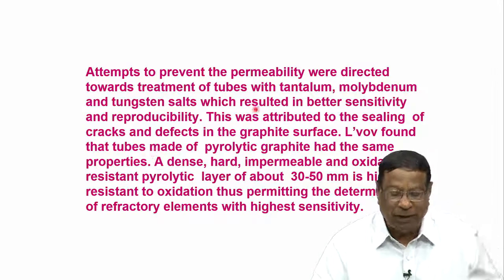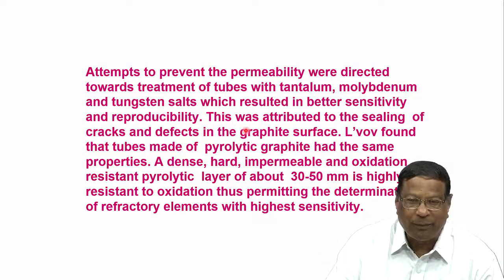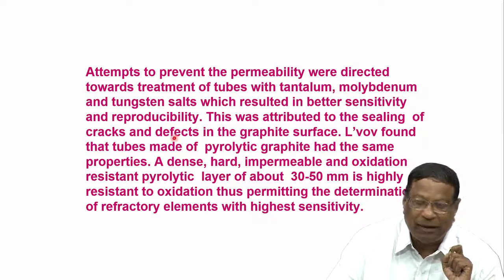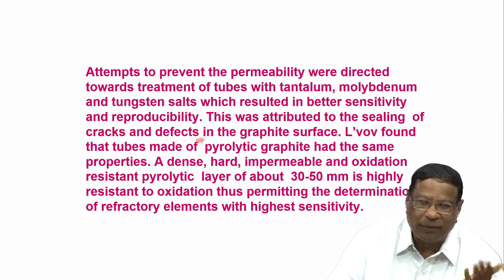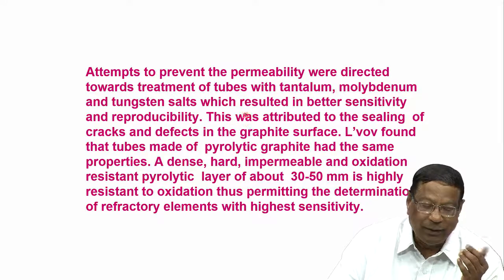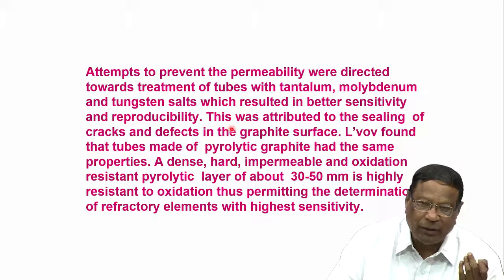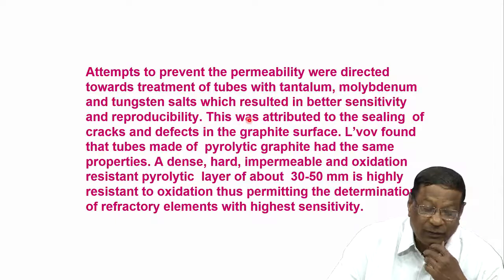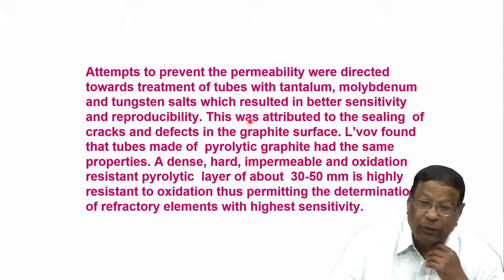In a graphite furnace, whenever we are doing atomic absorption, sensitivity and reproducibility are very important factors. Every time you do the operation, you should get the same reading, no? That has to do with precision and accuracy. Precision should be good, and accuracy also should be good. This was how we solved the problem of permeability.